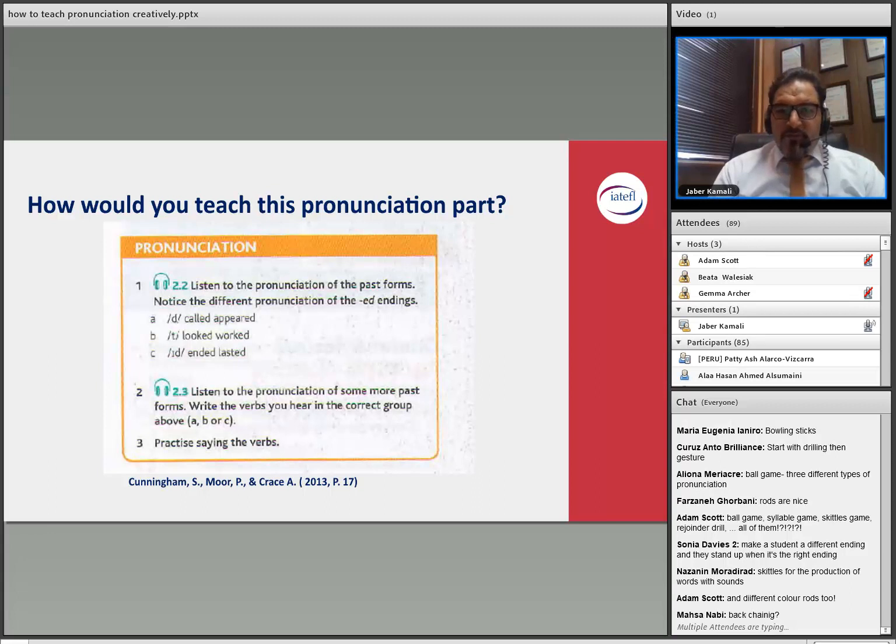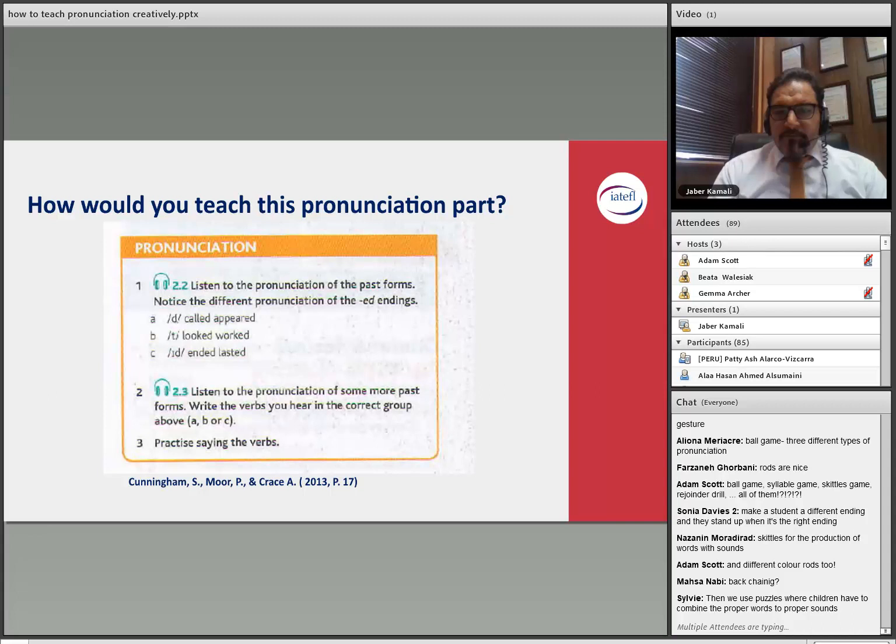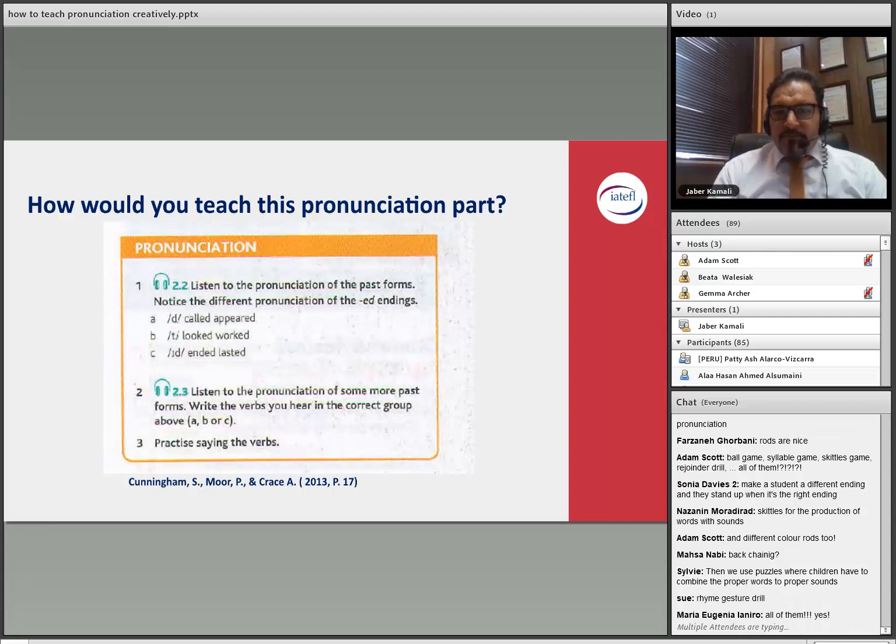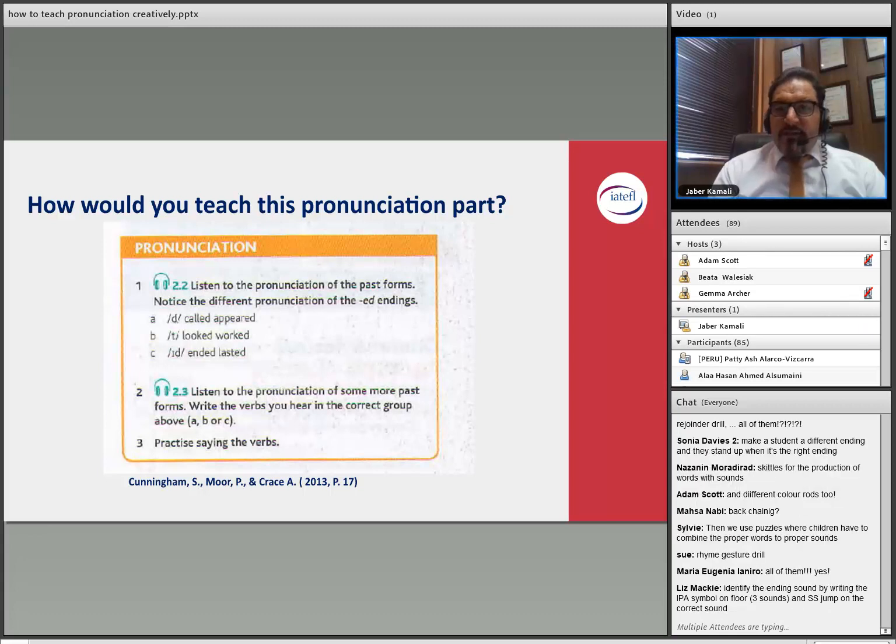Replacement for the reinforcement. Good, Marianne. Sylvie, that's great. Yeah, that's a great idea. Having the symbols, taking up the symbols. Yeah, good.